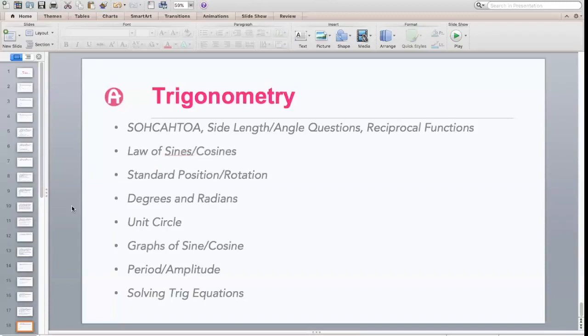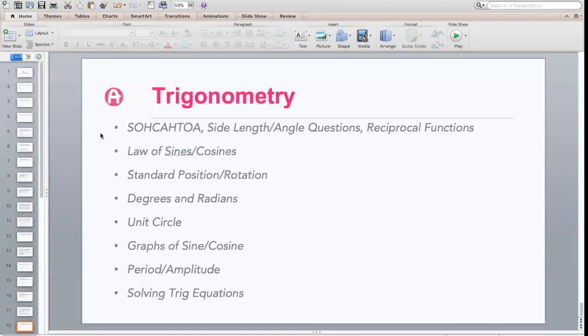T means that in the third quadrant, which is the bottom left, tangent is the only one that's positive, which makes sense because negative sine over negative cosine would be positive tangent. And for 4, C, all students take calculus, means that in quadrant 4, directly below the positive part of the x-axis, cosine is positive.